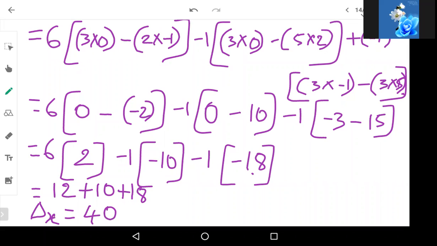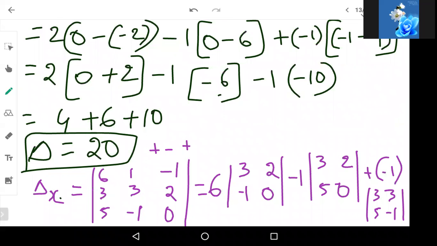So this is the value of delta x. Everybody understood this? Any doubts until here? Good. Now we just finished delta x.